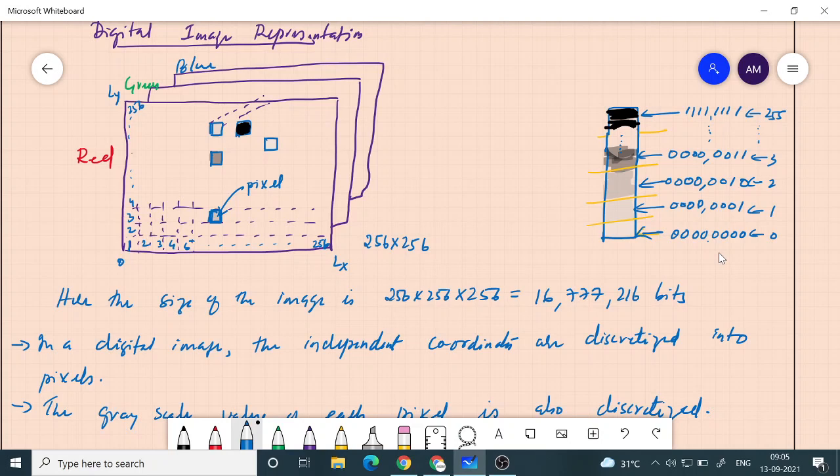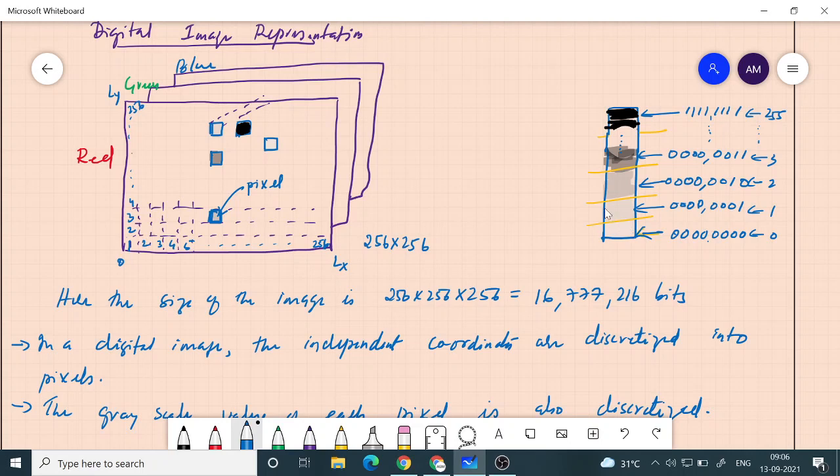So our eyes cannot really distinguish between the grayscale beyond this. See, if you look at two levels here between 1 and 2, the amount of change is very minute, because the entire range from bright to dark is divided into 256 levels, and if you take any two successive levels, it is very difficult for our eyes to distinguish between one and the other.